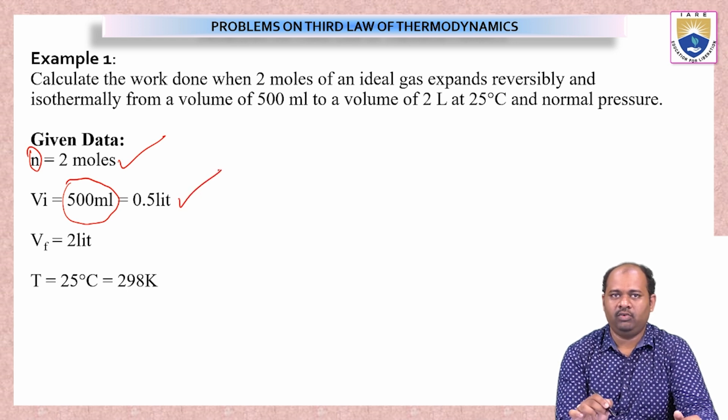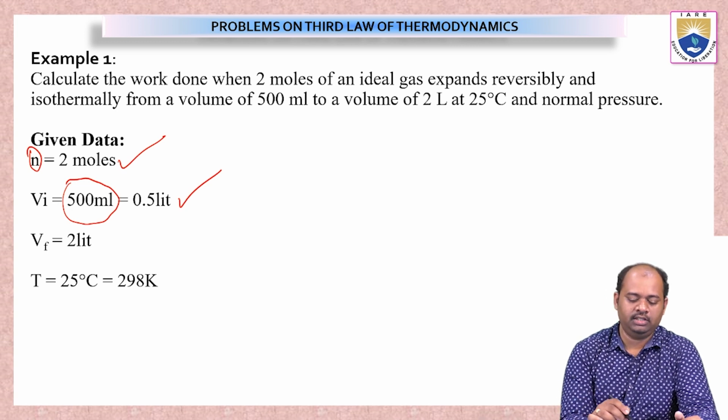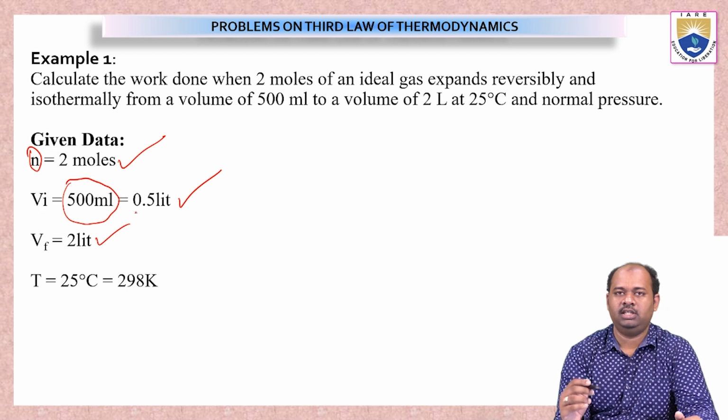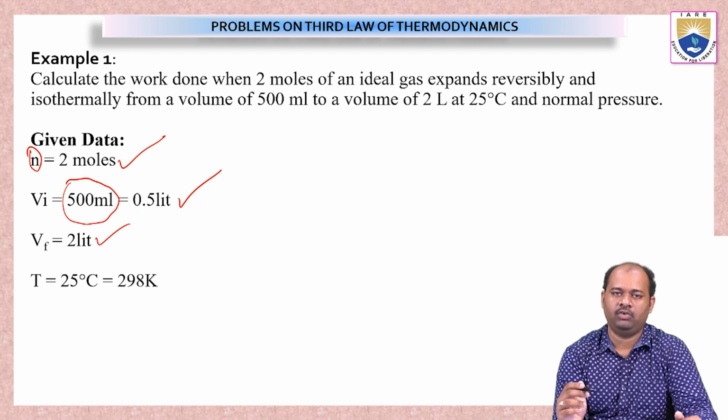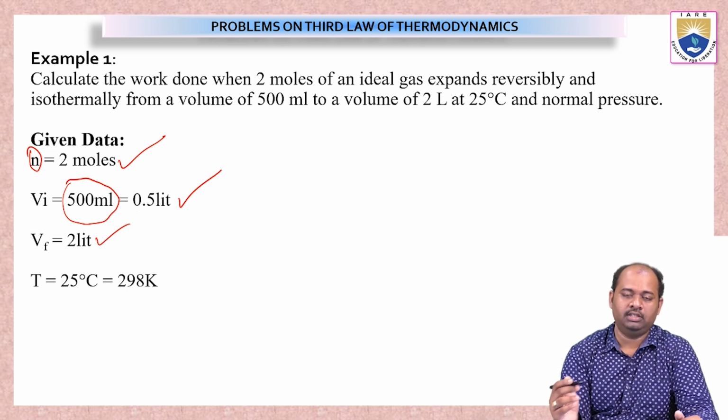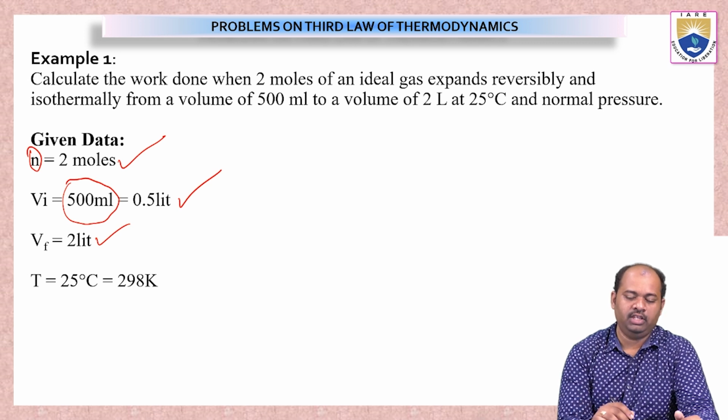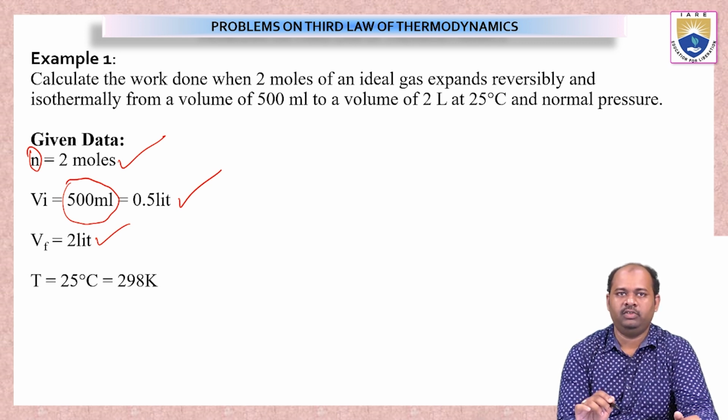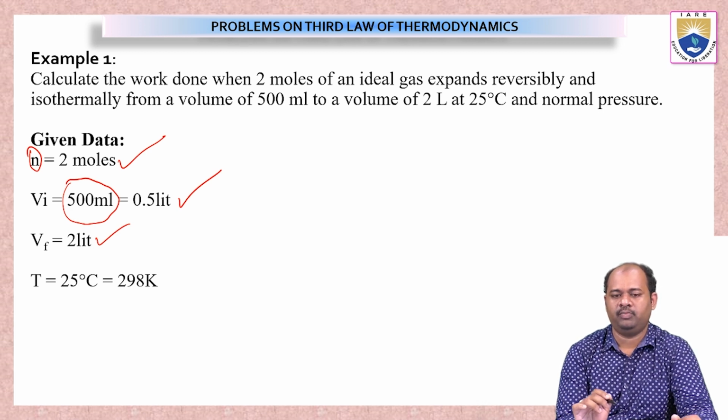This is the initial volume where the ideal gas is expanded, and the final volume is 2 liters. Initially it is 0.5 liters, now the volume of the gas is 2 liters. Vf represents the final volume, Vi represents the initial volume. Vi is equal to 0.5 and Vf is equal to 2 liters.